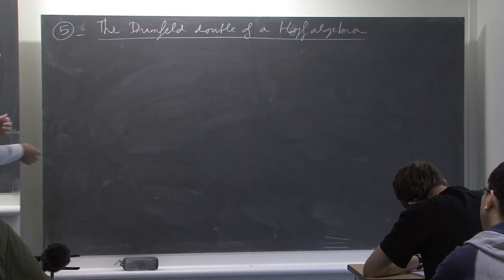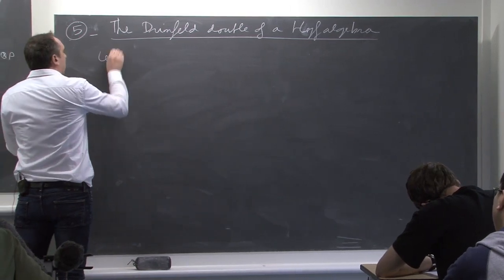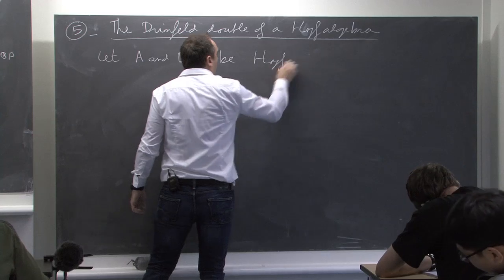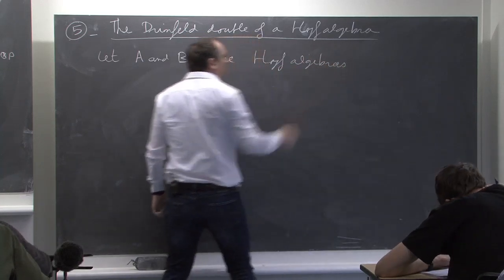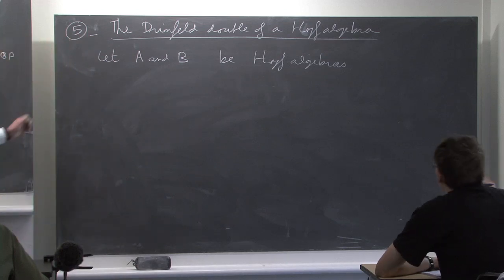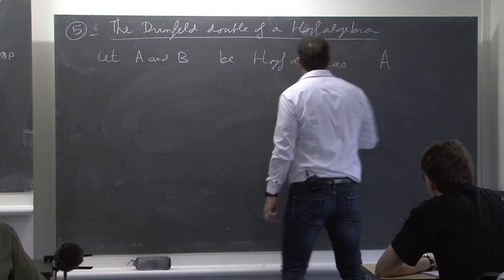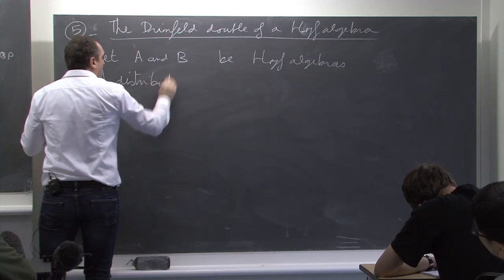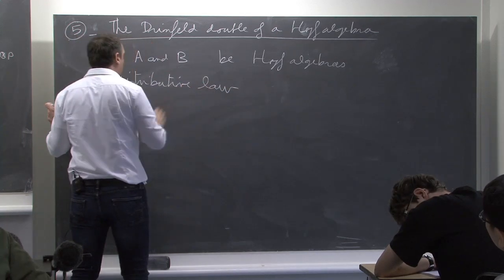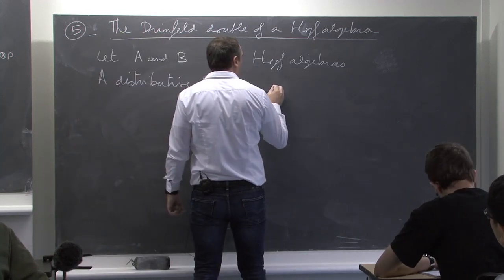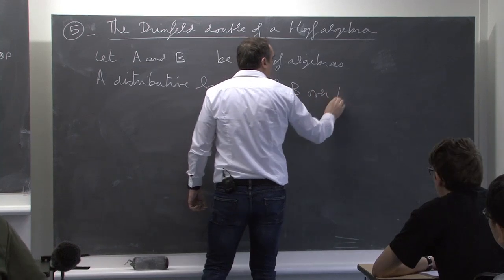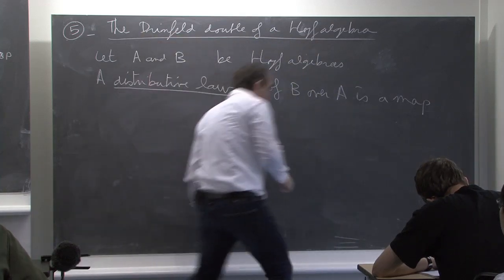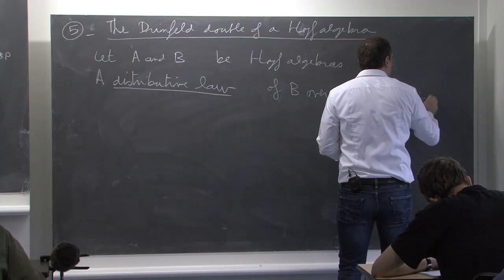So let A and B be algebras. What I call a distributive law of B over A is a K-linear map.